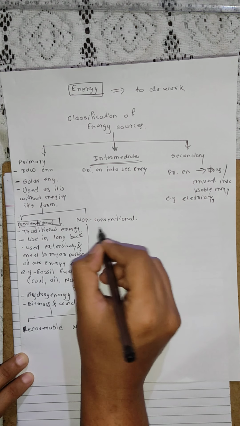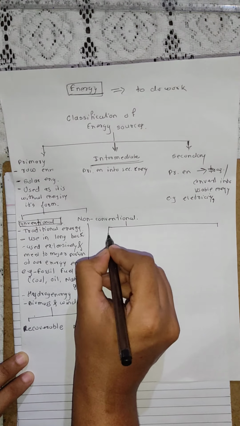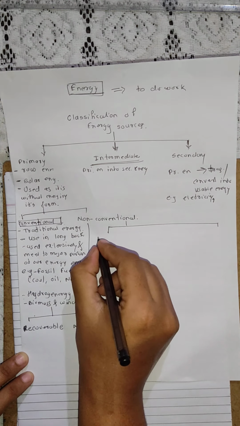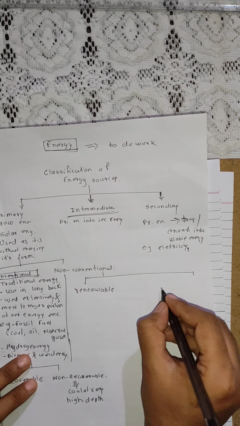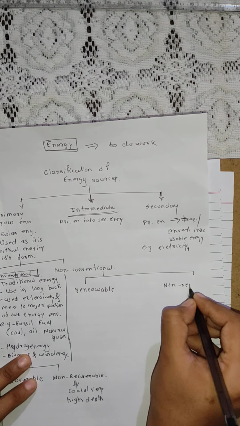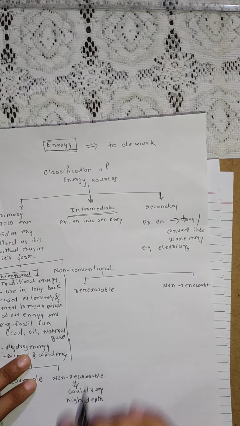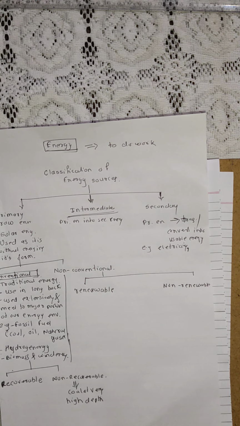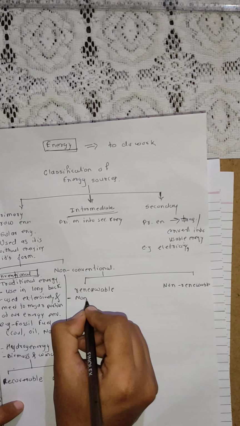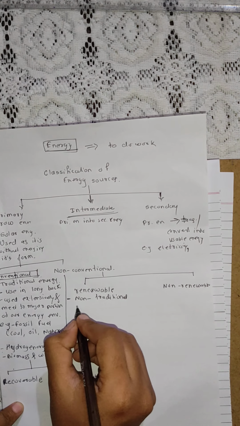Now we see non-conventional energy sources. Non-conventional energy sources are divided into two parts: renewable and non-renewable. These renewable energy sources are also called non-traditional energy sources.